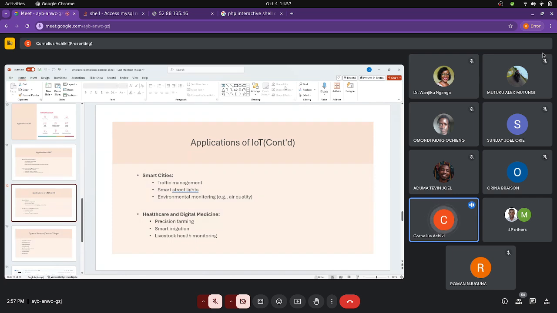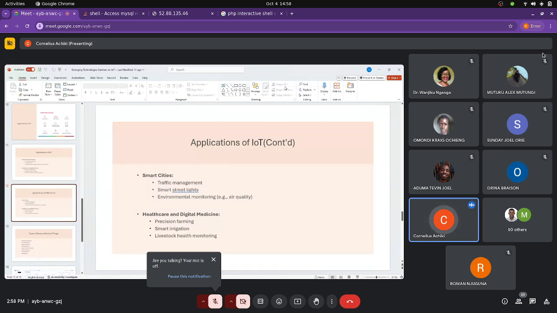We have a lot of traffic snarl-ups, and if we had some intelligent traffic lights that are able to sense that this side has a lot of traffic, let's send an alert to, let's say, the traffic police or the traffic department, and they're able to deploy traffic marshals. Alternatively, if you have an IoT system that is able to look at the traffic congestion and reroute traffic depending on the traffic lights, those are some of the applications that IoT is able to take.